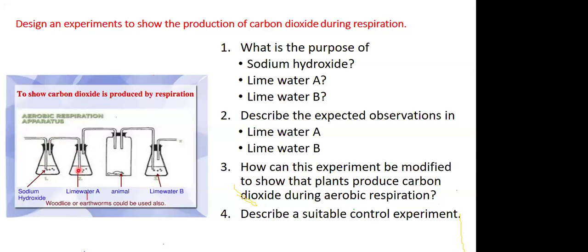So you have no guarantee that carbon dioxide hasn't come here, and then you cannot be sure that it's not the carbon dioxide which has caused this lime water to turn milky. So you want to be sure that the source of milkiness in lime water B is only from the animal. Since the carbon dioxide that came from the atmosphere was all absorbed by the sodium hydroxide, that is the purpose. That's the idea behind it all. Okay?